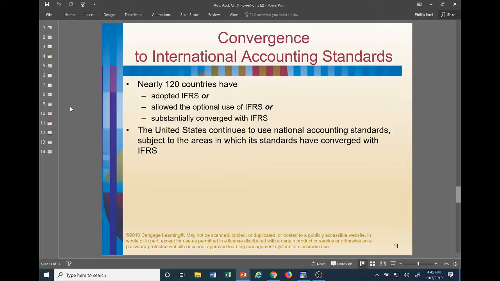A significant number of national accountancy organizations also recognize the importance of harmonization, and nearly 120 countries have either adopted IFRS, allowed the optional use of IFRS, or substantially converged with IFRS. The United States continues to use national accounting standards, subject to the areas in which the standards have converged with IFRS.